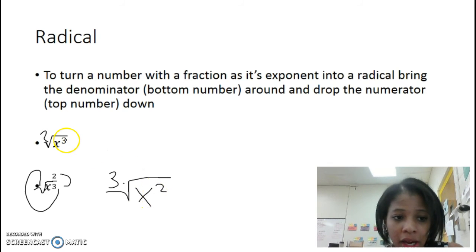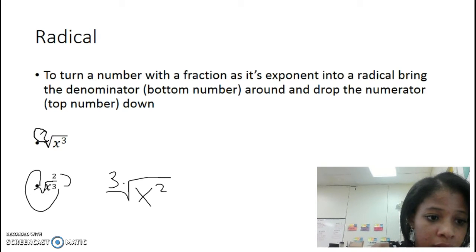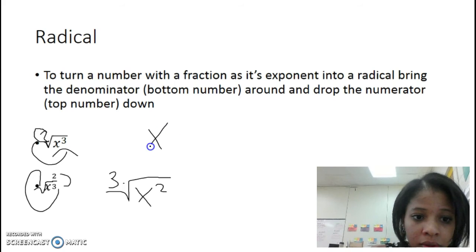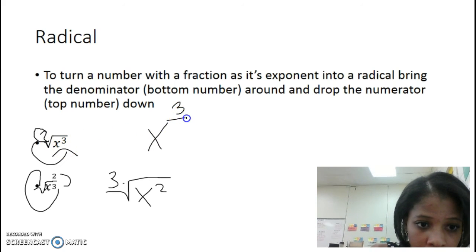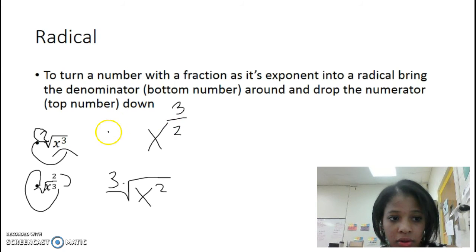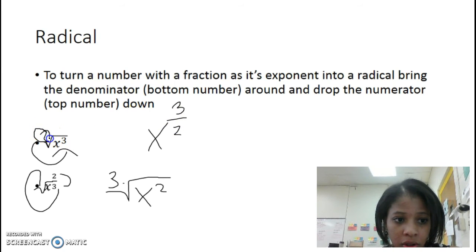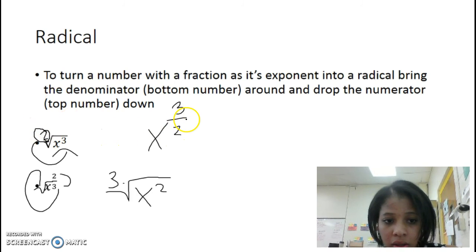Now the reverse. If you want to reverse it, you bring whatever number is out here back around, push this up, and get rid of the radical. So x is still my base. My 3 gets pushed up to my numerator, and my 2 falls underneath. I brought this 2 around, pushed up my 3 and put it on top, and now my 2 that was out here is on the bottom.